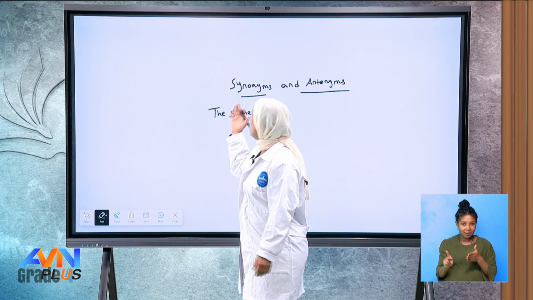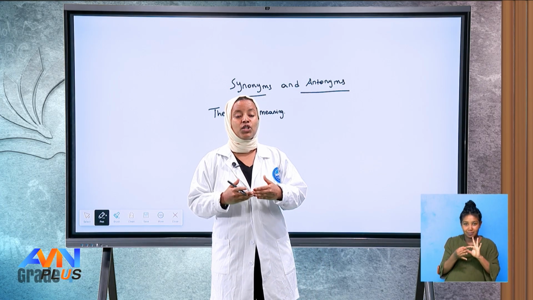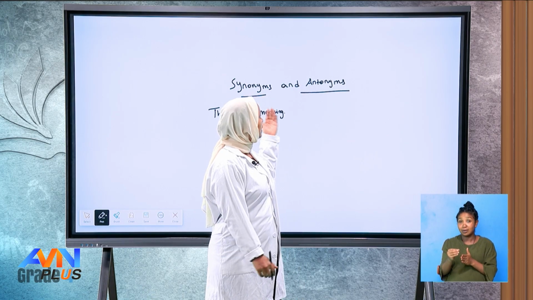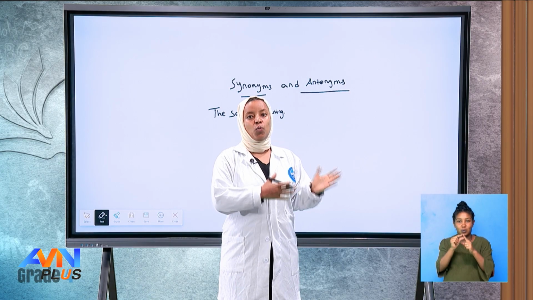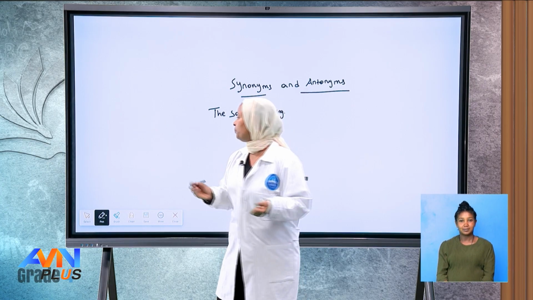So we can use different words with the same meaning in different writing. And antonym is the opposite word of one word. Let me give you some examples and let us try.